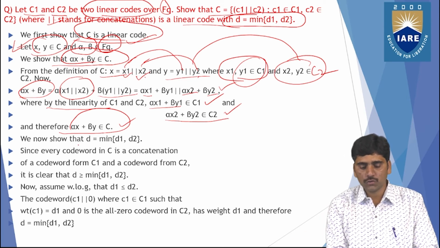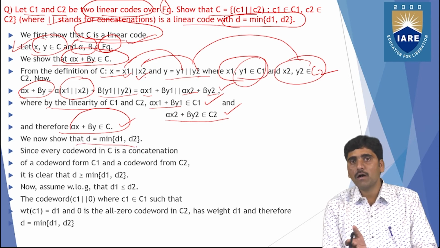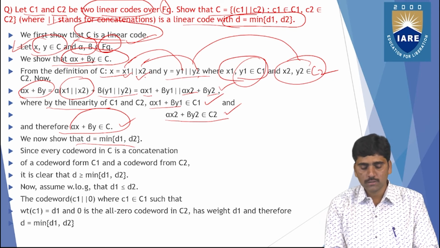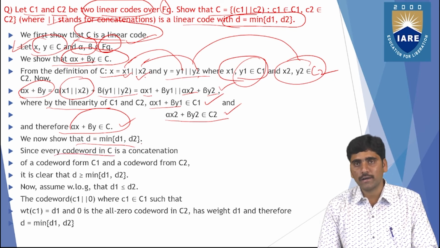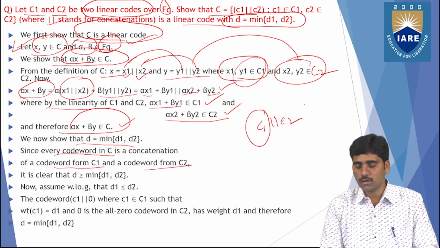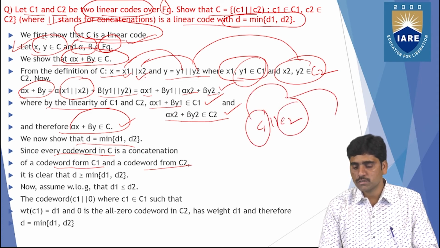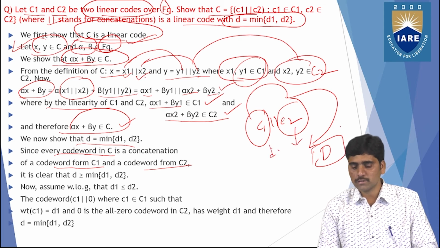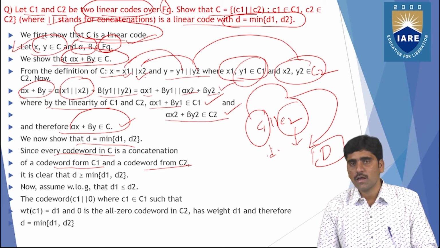Now we need to show that D equals the minimum of D1 comma D2. Since every code word in C is a concatenation of a code word from C1 and C2, the elements of C1 and the elements of C2 belong to the same group. But the elements of C1 can have the minimum and C2 the maximum, or else C1 the maximum or C2 the maximum.